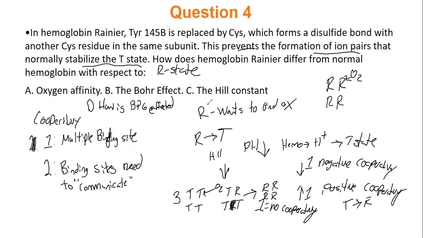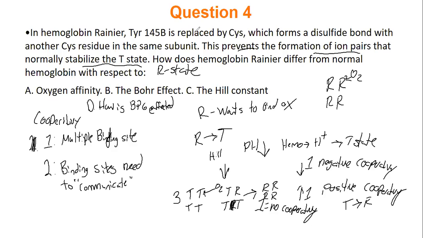I don't have a poll for that. That was just a question I thought of right now that I should have put on here to begin with, but I didn't. So for Rainier, will BPG have more, less, or the same?